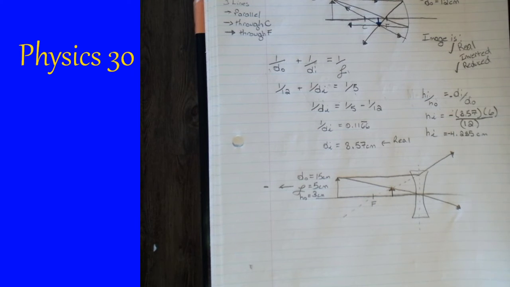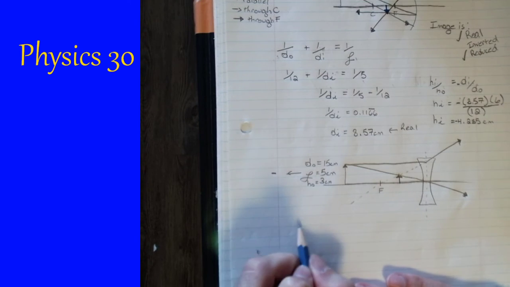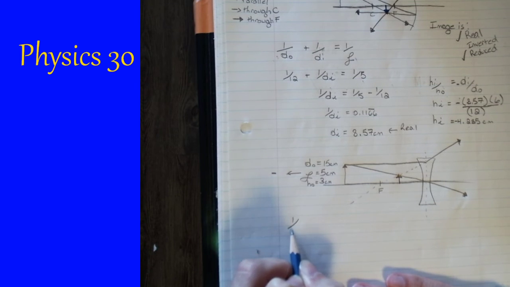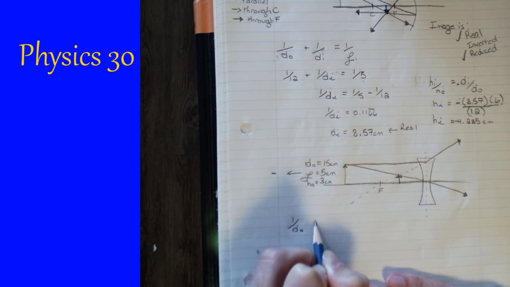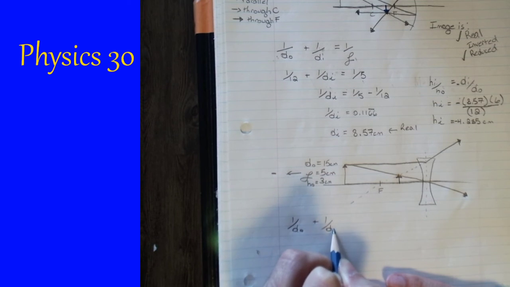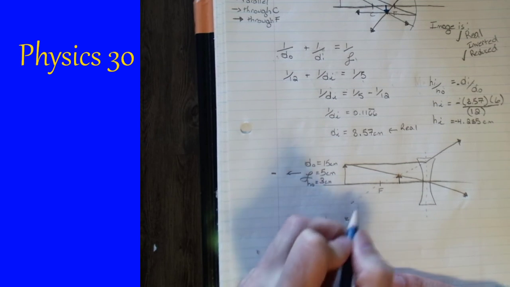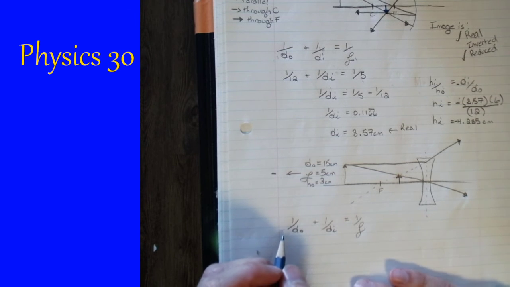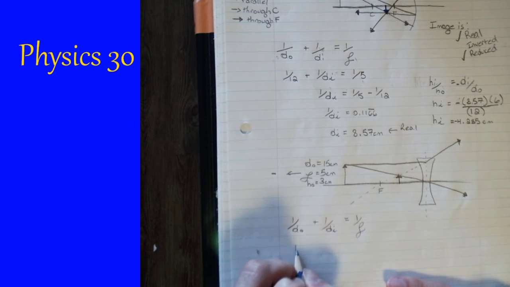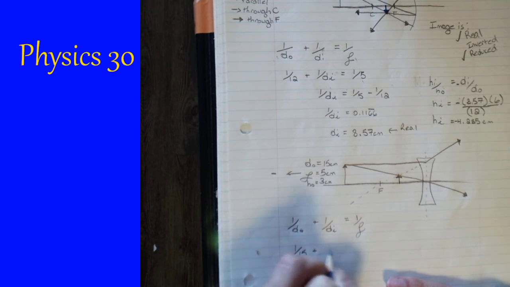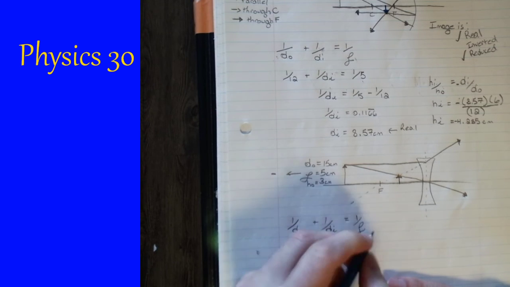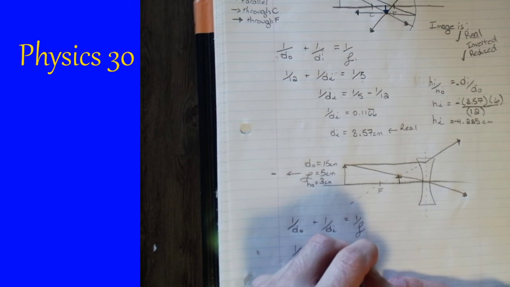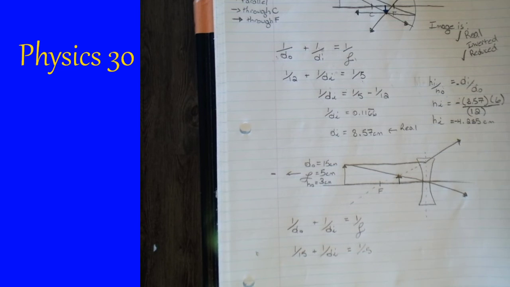Now let's actually use our lens equation and do some calculations. So 1 over the object distance plus 1 over the image distance is equal to 1 over the focal length. So we have this.